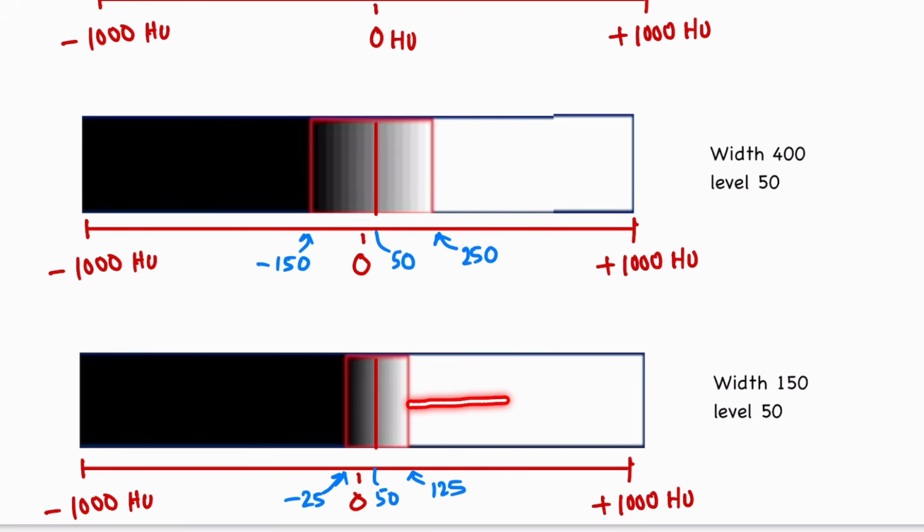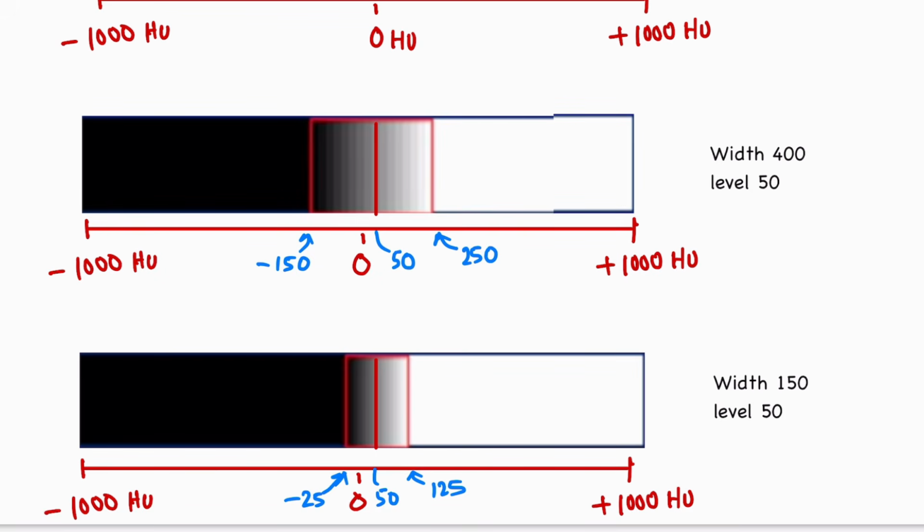After plus 125, everything is white. So a tissue with a density of 200 Hounsfield unit will look white. A tissue with a density of 300 Hounsfield unit will look white, and everything above 125 is going to look white. The same goes the other way around. Anything below minus 25 looks black.